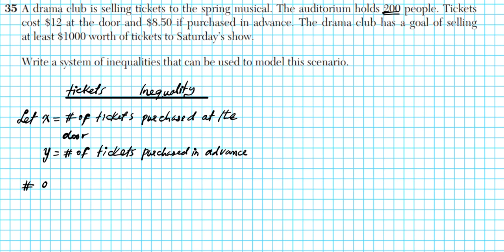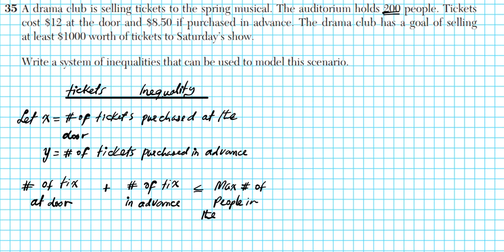So the number of tickets sold at the door, if you add that to the number of tickets sold in advance, it cannot exceed 200. Basically, it has to be less than or equal to the maximum number of people in the auditorium. Basically, the auditorium's capacity.